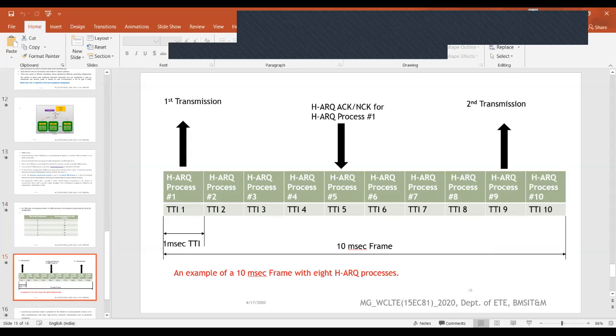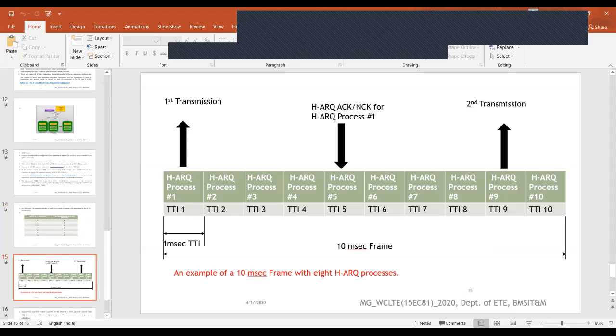So this is what I wanted to say, right? See, one frame is 10 milliseconds and I have 10 hybrid ARQ processes. I said maximum 8 hybrid ARQ processes are used in this asynchronous FDD mode, right?